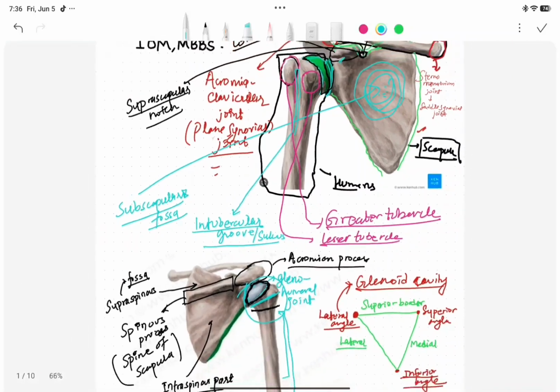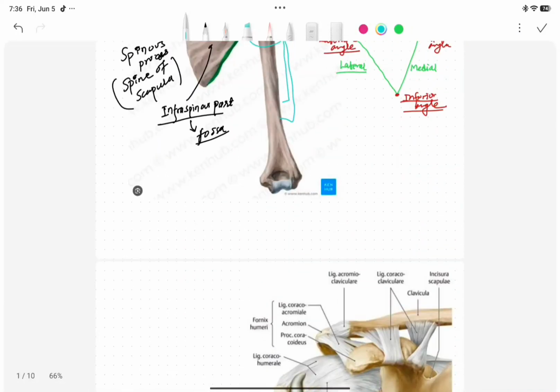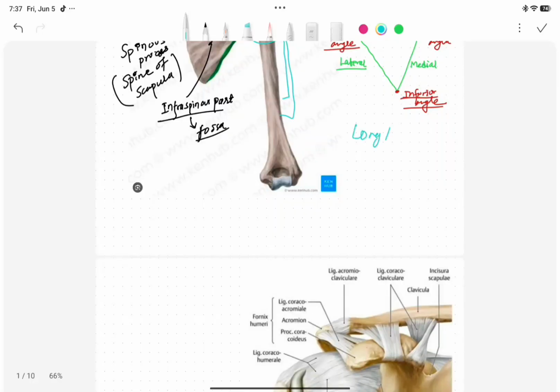There is a tendon in this groove: the long head of biceps brachii. Biceps brachii is a muscle in the anterior compartment of the arm. The biceps brachii has two heads.